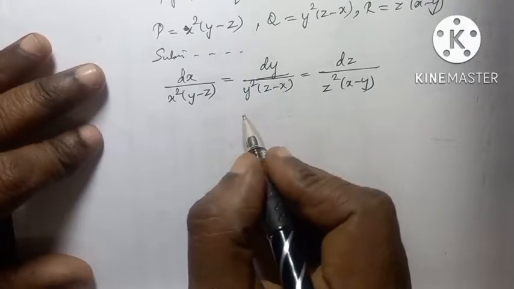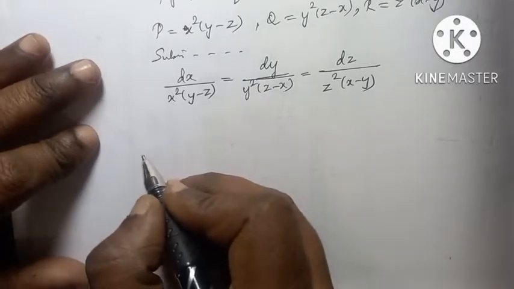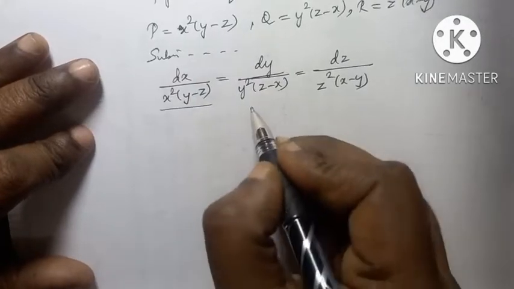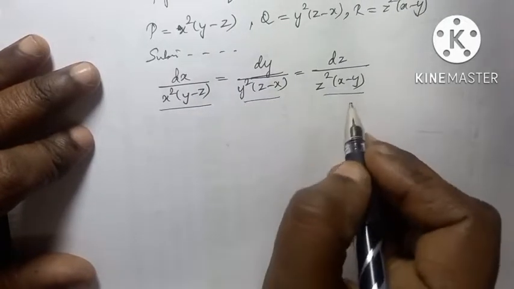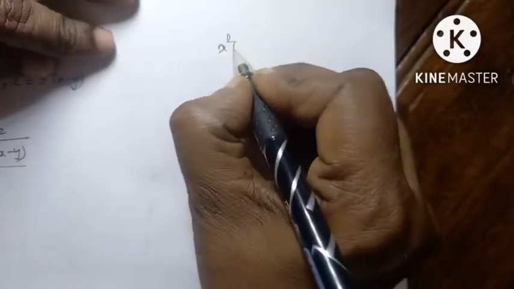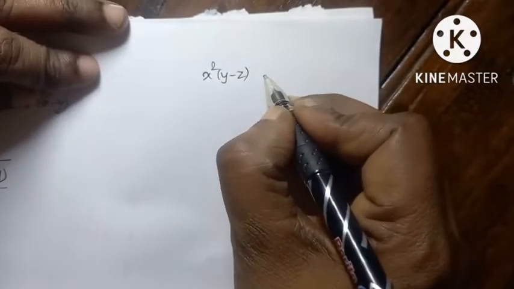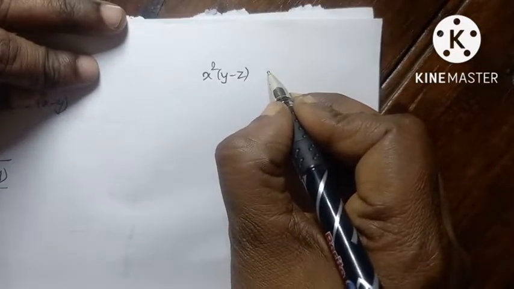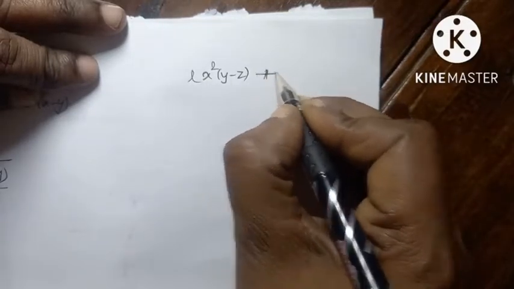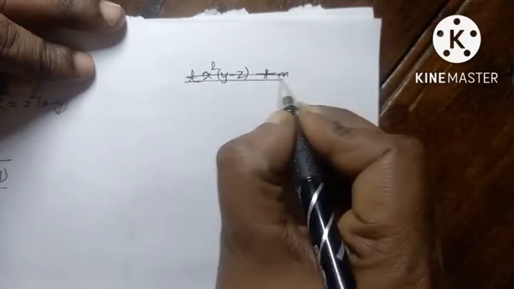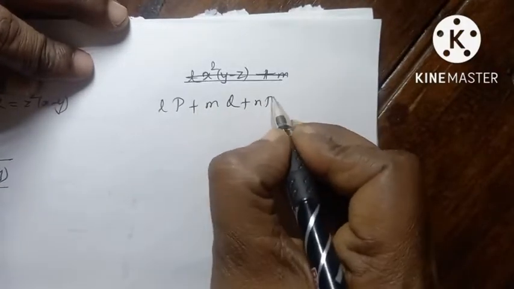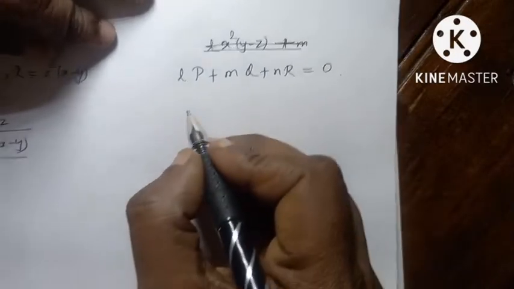Okay. So we have to choose l, m, n, which will make lP plus mQ plus nR equal to 0. What are P, Q, R?